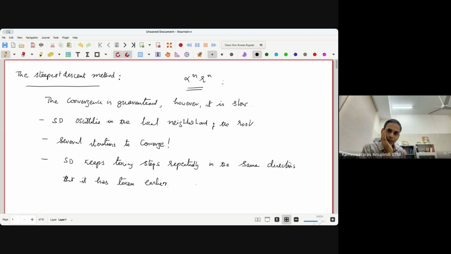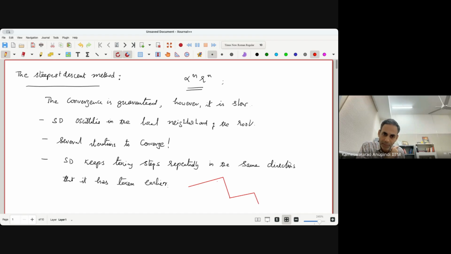It means that if it has taken a step in a particular direction, okay, and then it's going to take some step that is kind of perpendicular to it in the next iteration, because we have seen that essentially Rn plus 1 is orthogonal to Rn. But then after some iterations, again, it would basically come back and take a step that is in the same direction as before, okay, as this one, and then it will take a step in this direction and so on. So as a result, it basically keeps taking steps in the same directions.